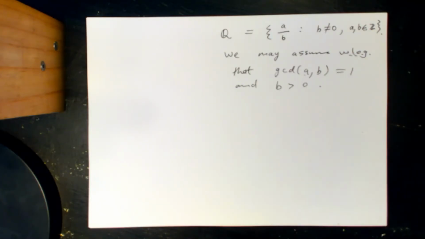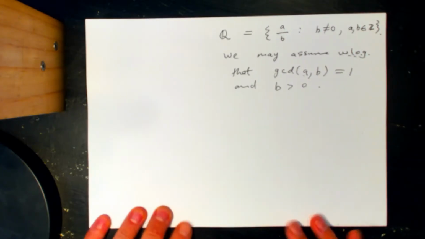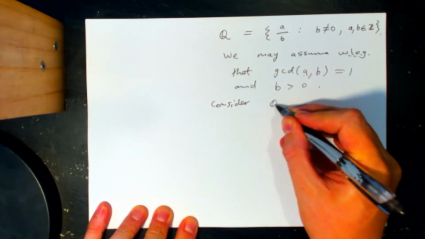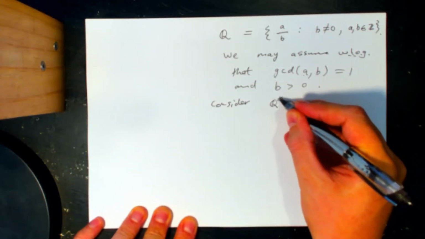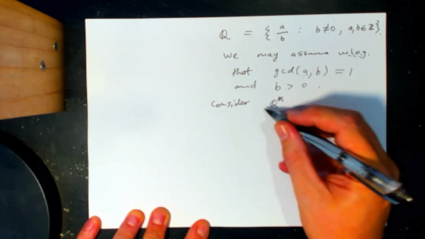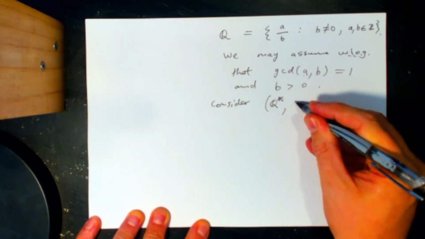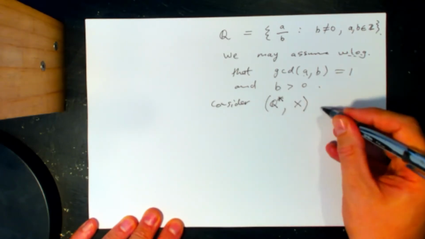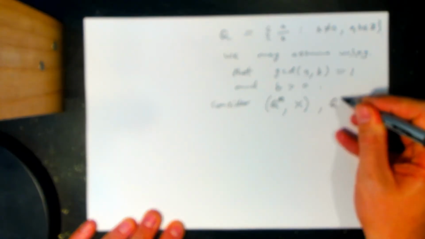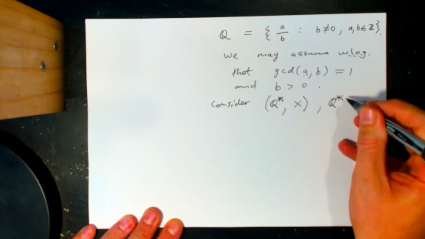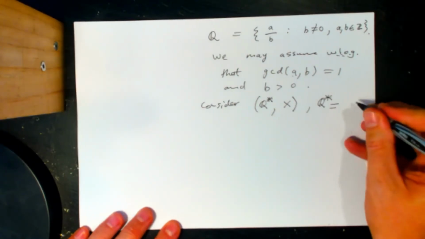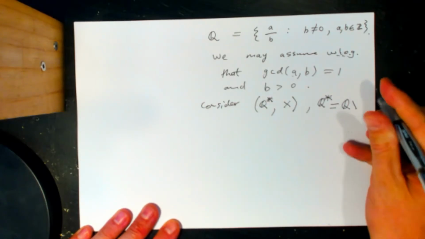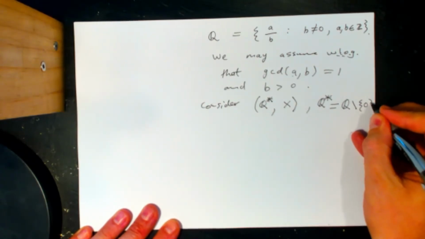Okay, but our task here is to consider the nonzero rational numbers, and I'll put an asterisk up here in the superscript, and we're going to consider this together with multiplication. Where this asterisk means the rational numbers without, now this is set minus here, without the set containing 0.